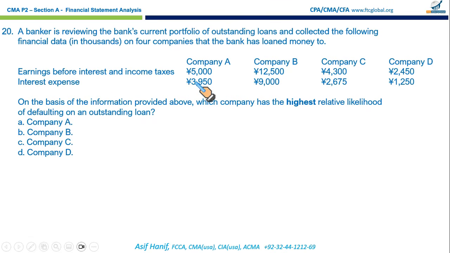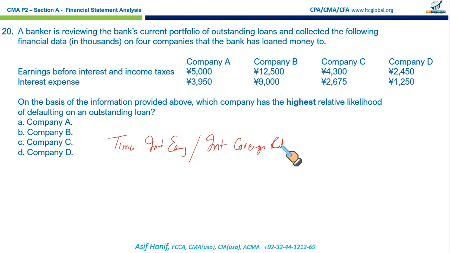When you have these two numbers, you will use a measure called the times interest earned, or sometimes called the interest coverage ratio. Interest coverage ratio is equal to earning before interest and tax upon the interest expense.